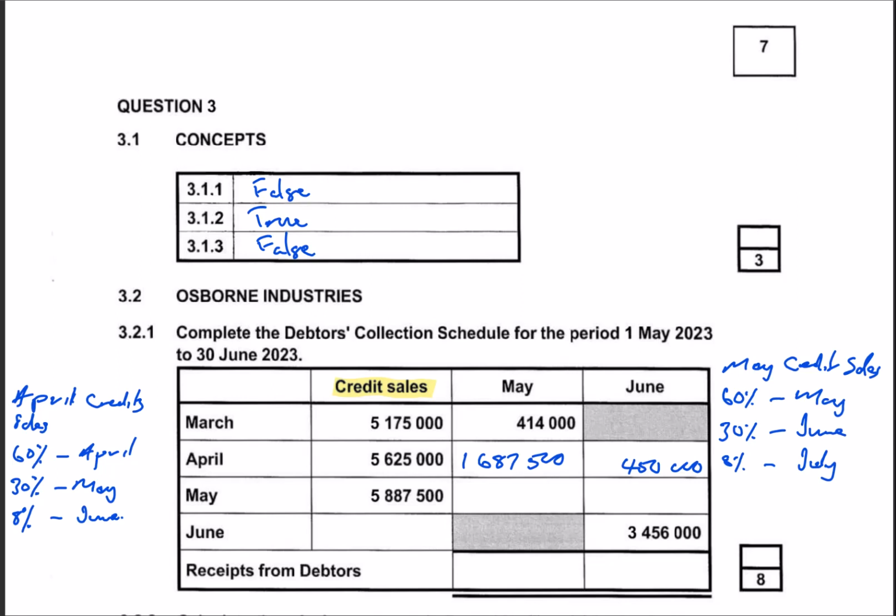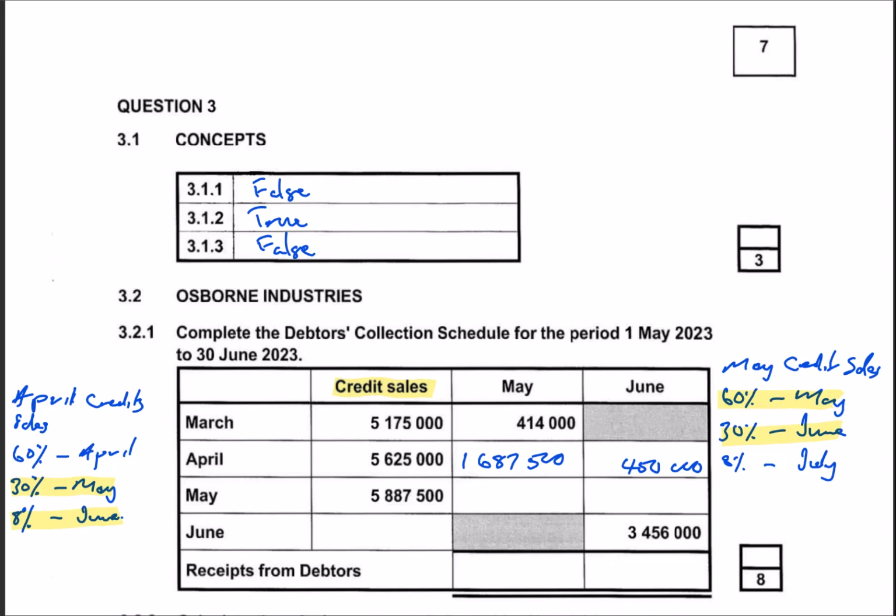So for this one, we are only concerned about these two, the 60% and the 30%, in our budget period. For April, we're concerned about the 30% and the 8% in our budget period, because we're calculating only for the ones that are going to be received in May and in June. So the 60% for April was outside our budget period, and the same applies to the 8% in July for May credit sales, so we stick to the 60% and the 30%.